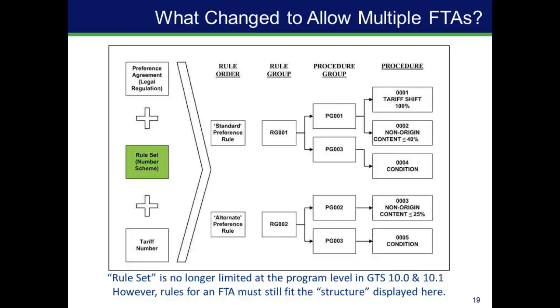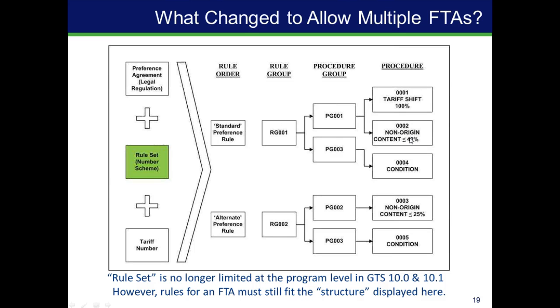This is what we've now moved to, where we can have alternate preference rules that look at different rule groups for a given item associated with that tariff, and you'll get down to the procedure relevant for that rule group. Whether it's a tariff shift or some sort of RVC calculation, the calculation requirements do not need to be the same.